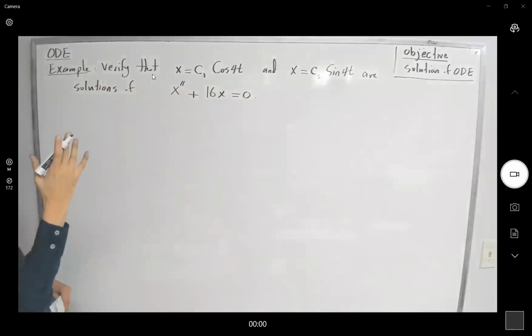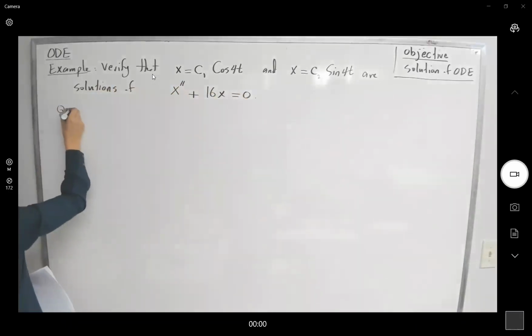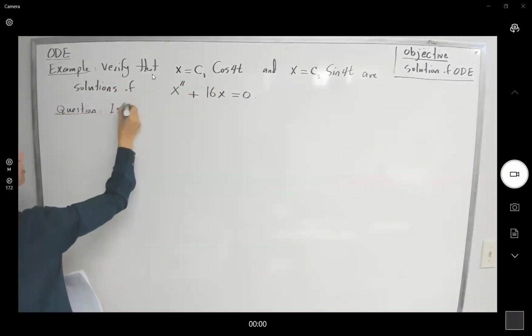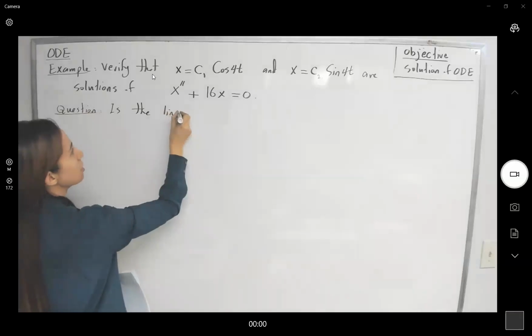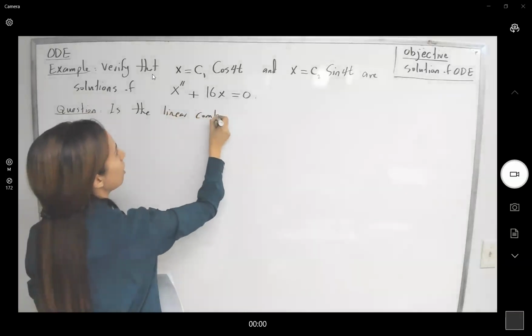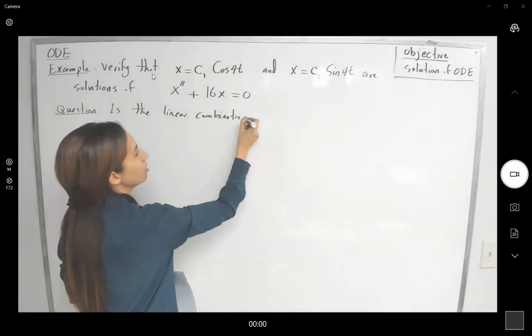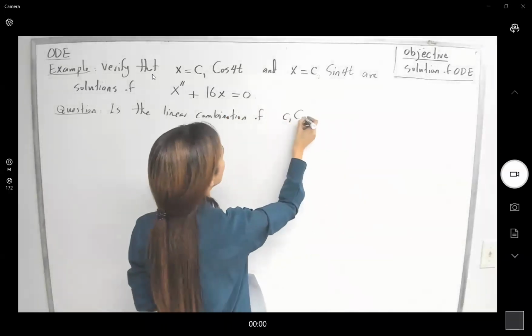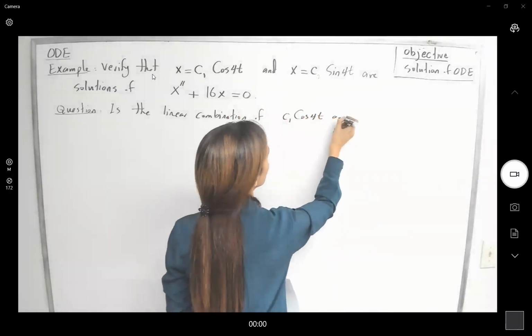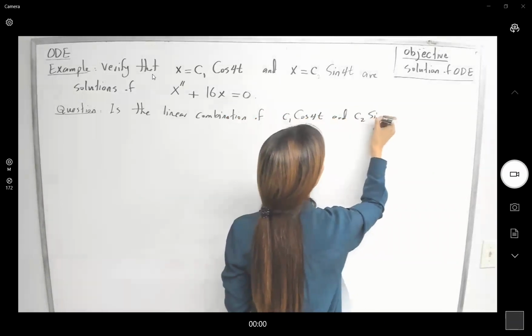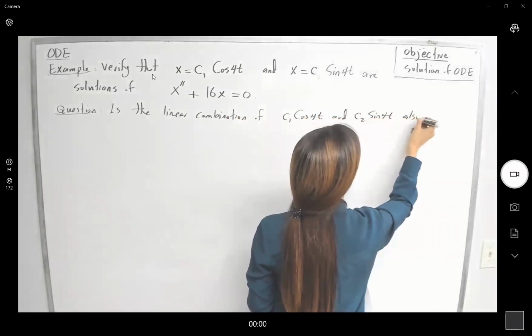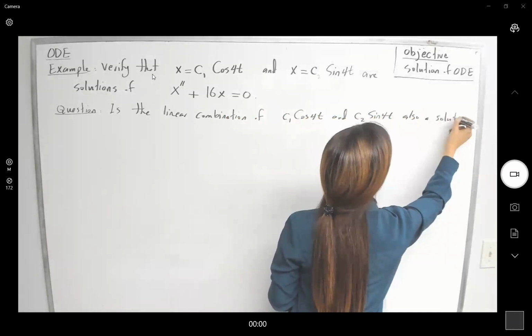And then there is this question: is the linear combination of c1 cosine 4t and c2 sine 4t also a solution?